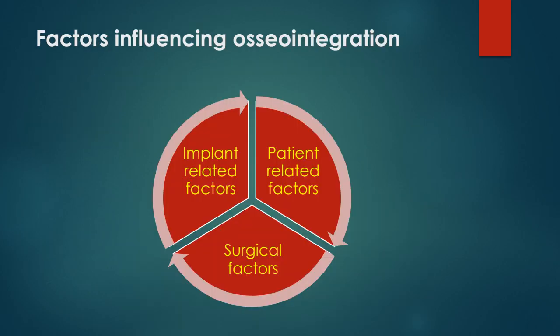So what factors affect osseointegration? We have implant related factors: the shape of the implant, the length, the width, the type of implant. Patient related factors are either systemic diseases, oral hygiene, smoking and so forth. And we have surgical factors: was the implant placed in a sterile environment? Was it cooled? Was saline used during placement? So these things also play a role.